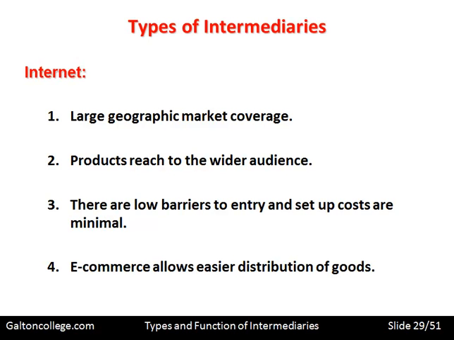The company will deliver it to them. So the Internet becomes a sort of intermediary. It facilitates sales in the same way as an agent or a broker. It enables the sales to take place, and that's why it's included here.